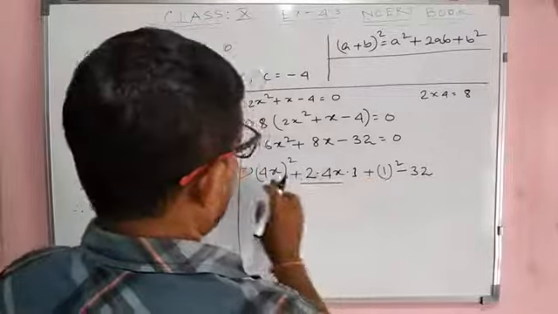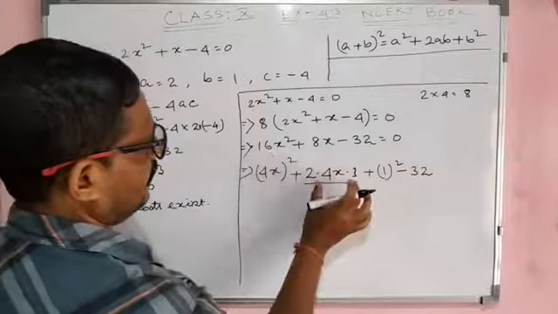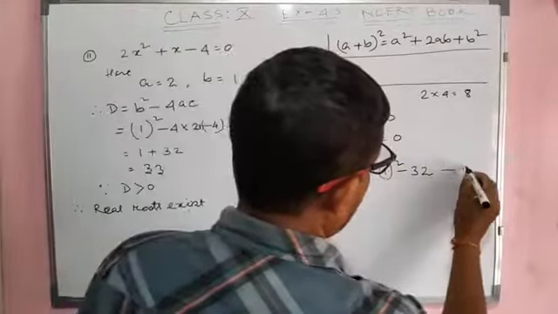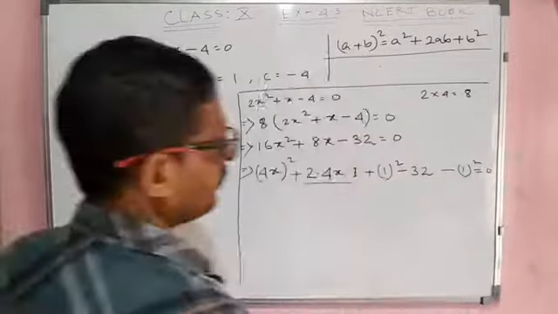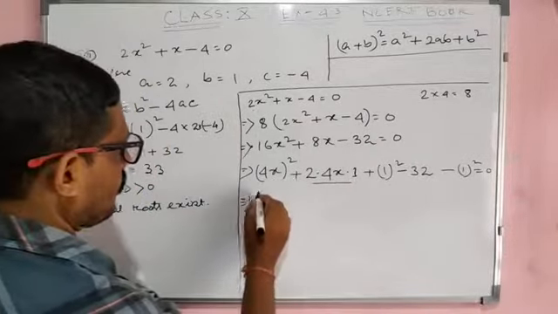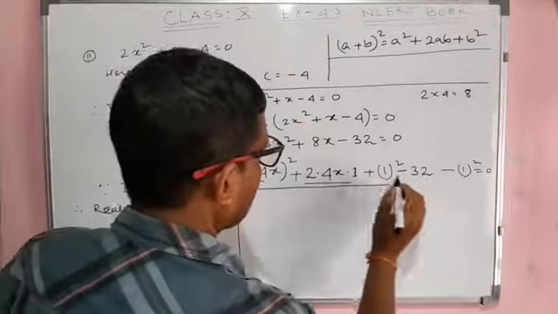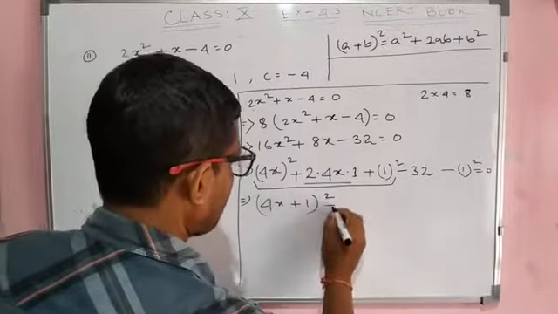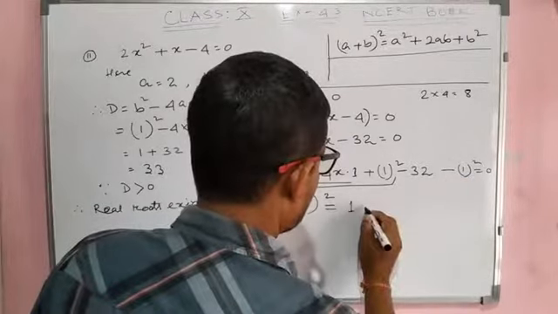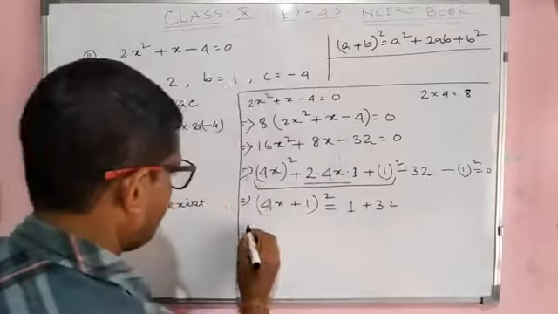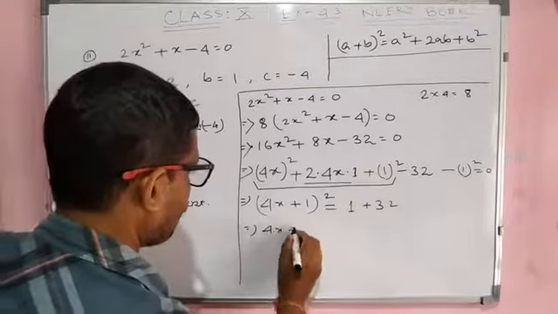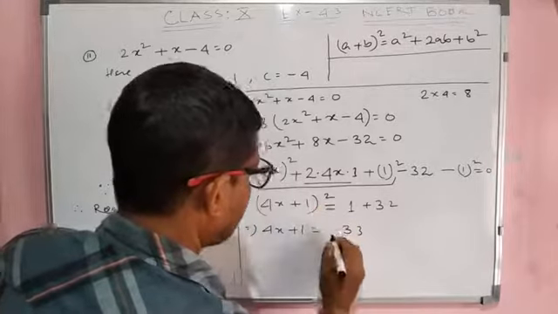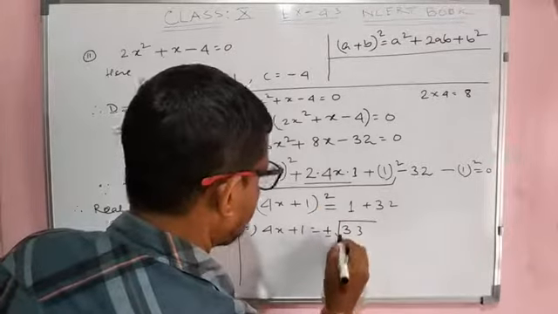If we compare, this and this are the same, this and this are the same, but this one I have written extra, so let us subtract it again on this side. So we get the formula 4x plus 1 whole square, and this one we transfer to this side, 1 plus 32. So this will be 4x plus 1 whole square equals 33, and removing the square we get root with plus minus.